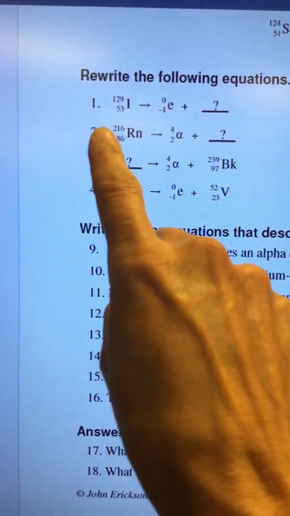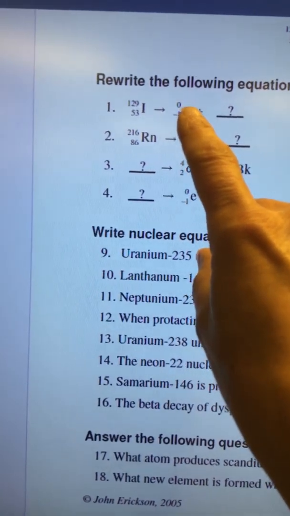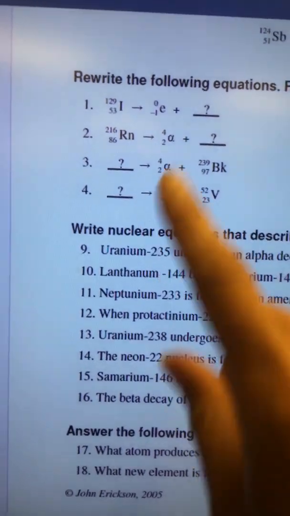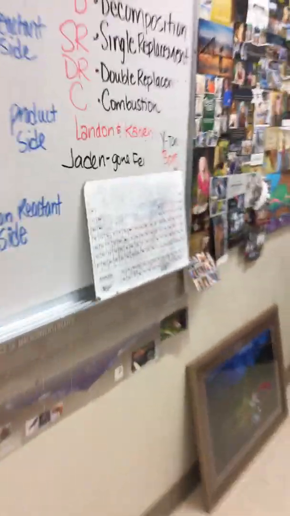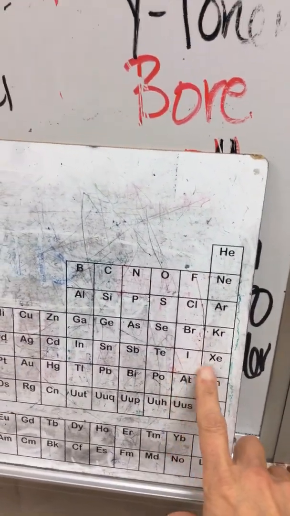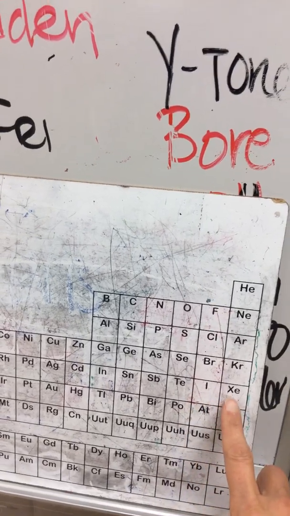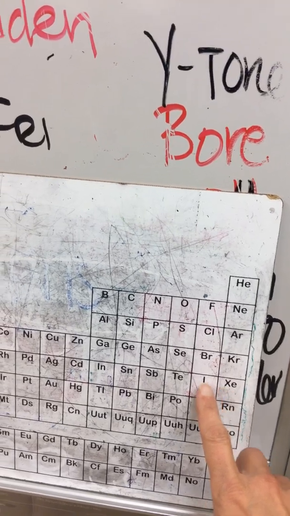At the top, if we started with 129, we had a mass number change of 0, so we just fill in the 129 over 54. 54 is, on your periodic table, here was our iodine, 53. 54 is xenon. The cool thing about a beta decay is the daughter will be 1 to the right on the periodic table of the parent. That's what happened right there.